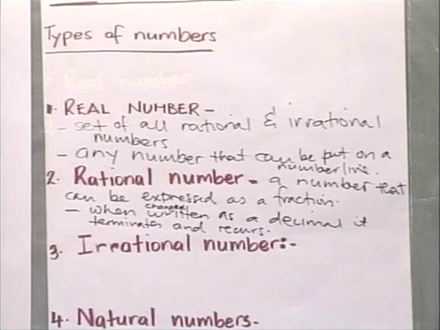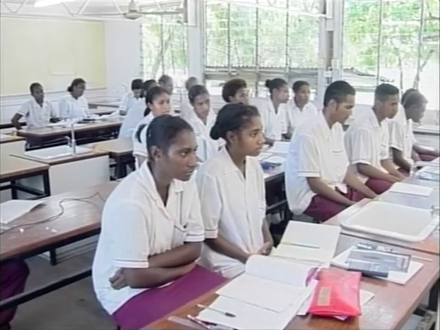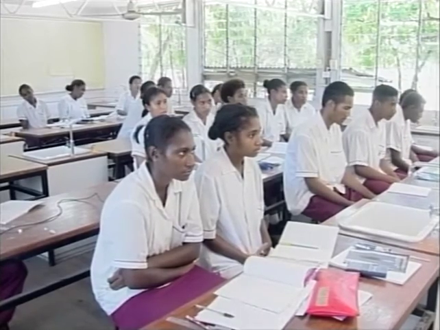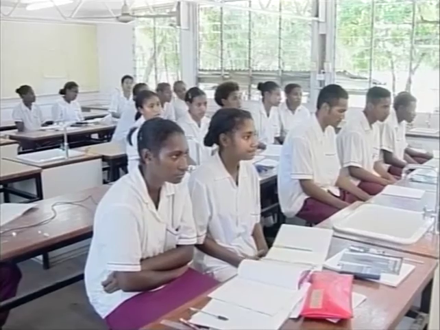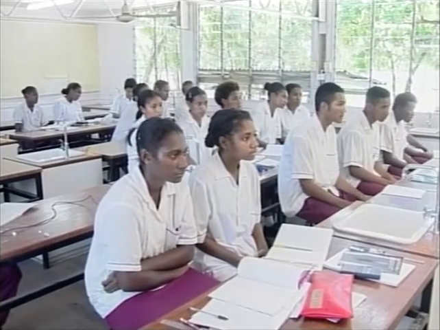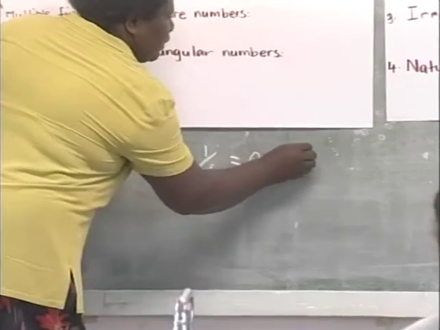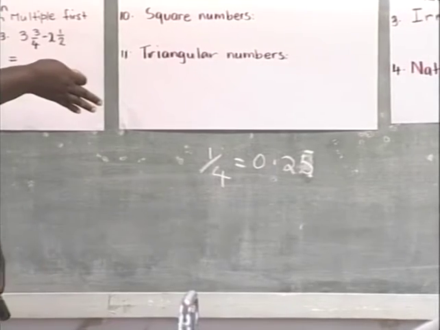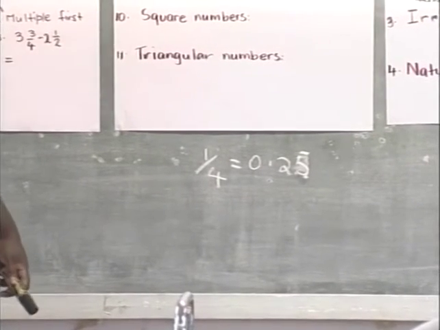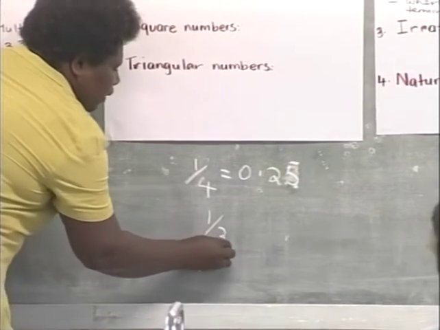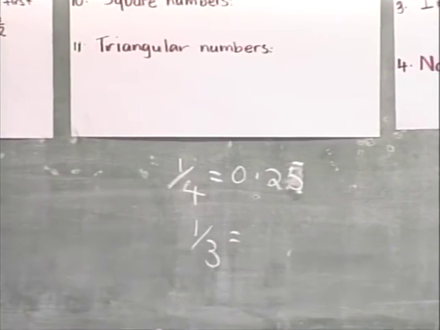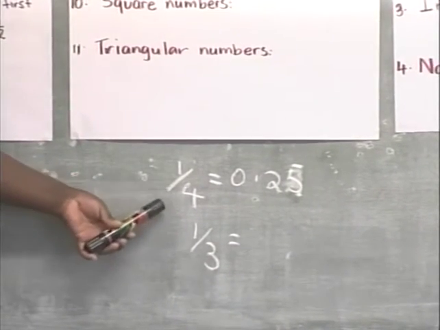Okay, for instance, if I changed 1/4, which is a rational number, to a decimal, it is 0.25. And 0.25 stops. It cannot continue. Another number, 1/3, is a rational number because it is a fraction.